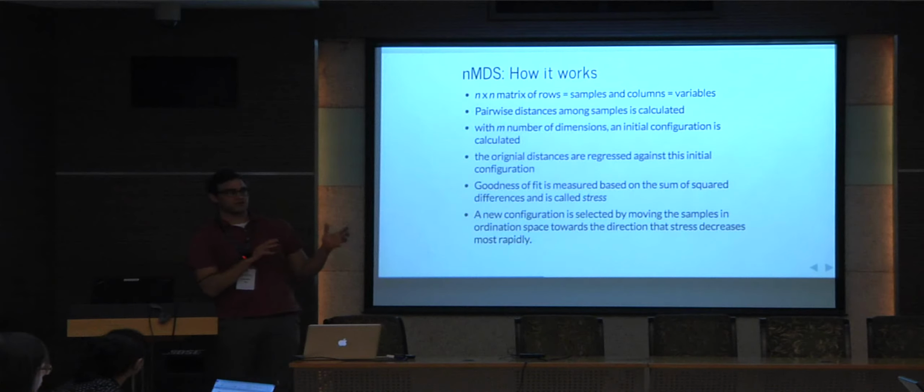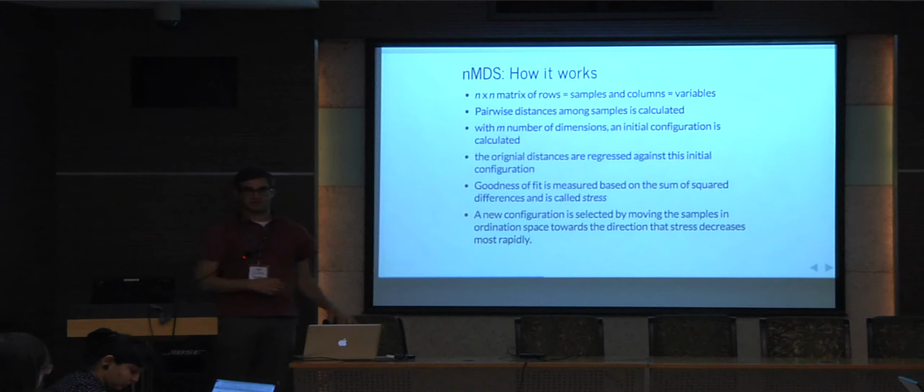It measures how much a new configuration improves the fit based on the original configuration. So it wiggles everything a little bit, and then it measures the stress, and then wiggles everything a little bit more, and so it iteratively finds the best solution.